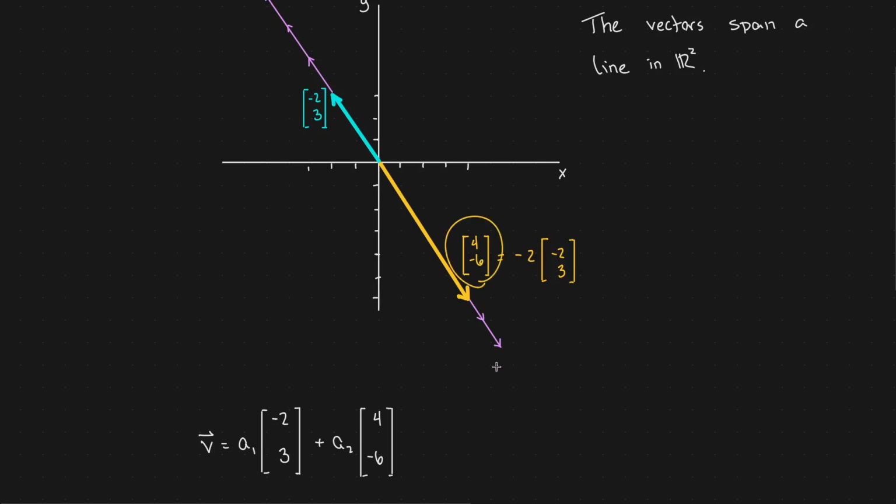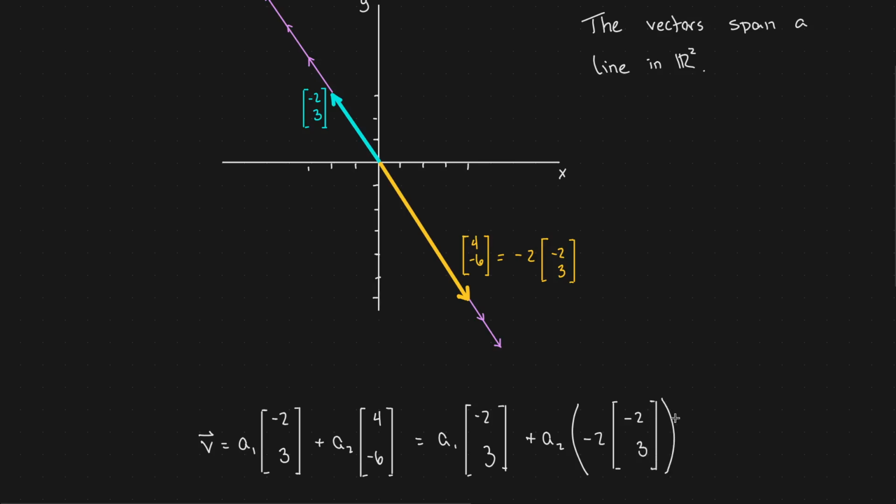So the portion of the linear combination that's being described by the vector 4, negative 6 can also be described by the vector negative 2, 3. I can swap out vector 4, negative 6 with negative 2 times negative 2, 3.